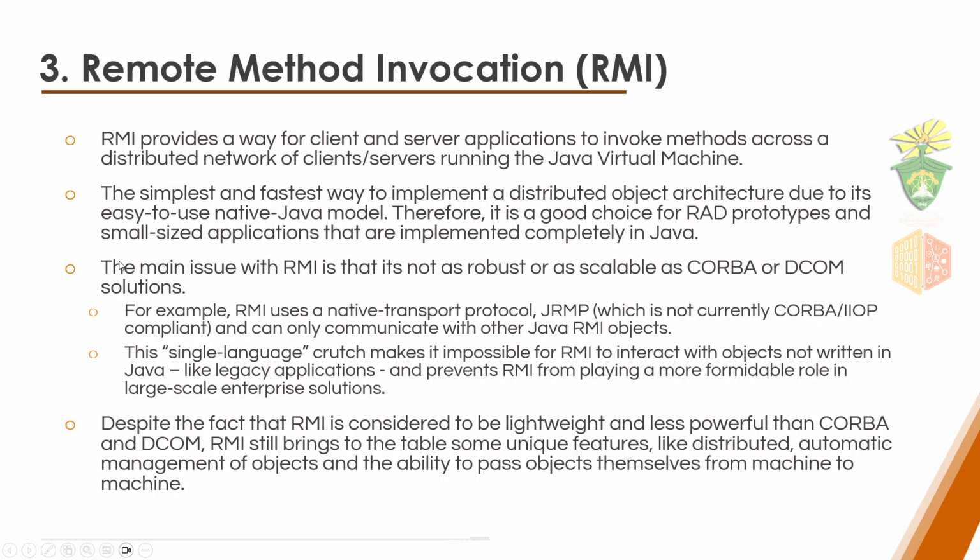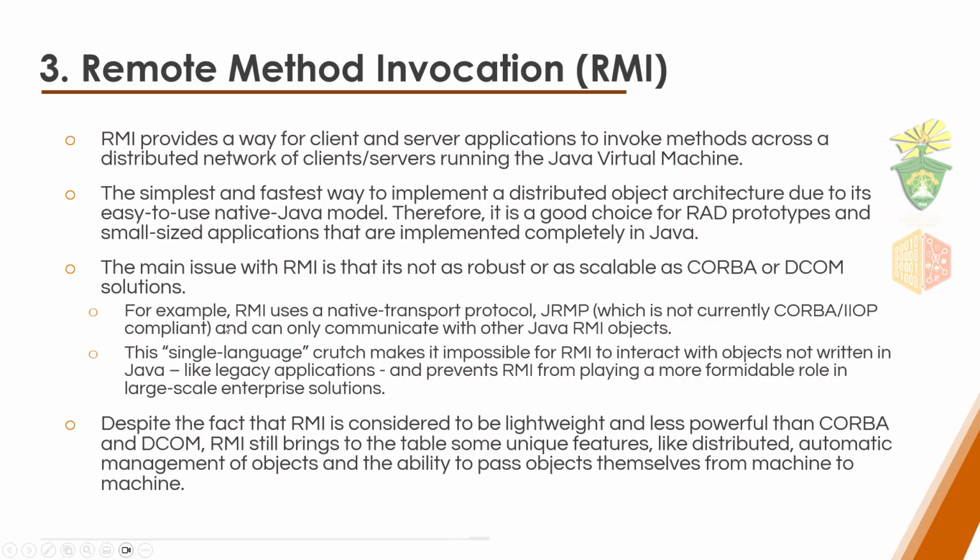But there is a main issue with RMI because it's not that robust compared to CORBA or the DCOM solution. For example, RMI uses a native transfer protocol, JRMP, which is not currently CORBA IIOP compliant. So it's difficult in terms of security and best practices. So yeah, RMI is still lacking.